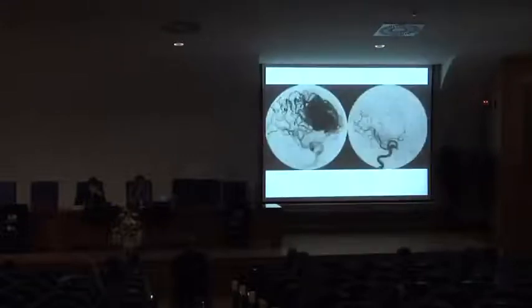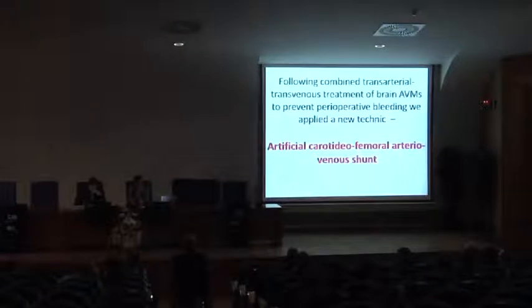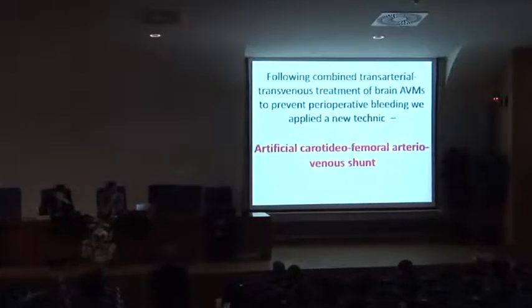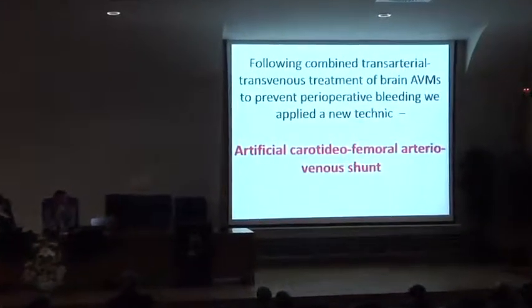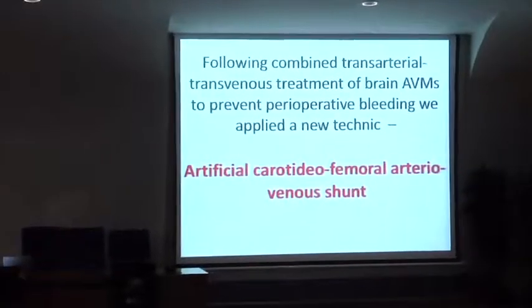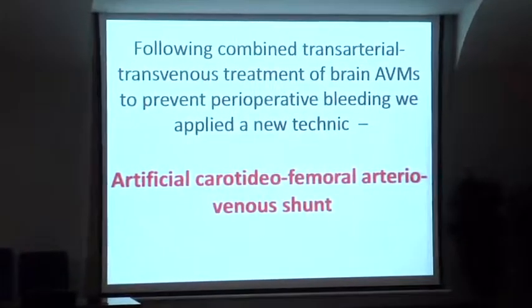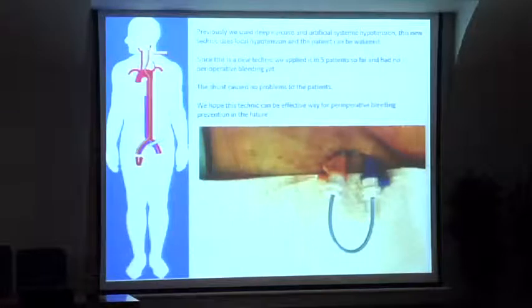But what to do with hemorrhage? Following combined transarterial transvenous treatment of brain AVM, to prevent perioperative bleeding, we applied a new technique, an artificial carotideo-femoral arteriovenous shunt. What is this? Previously, we used deep narcosis and artificial systemic hypotension.